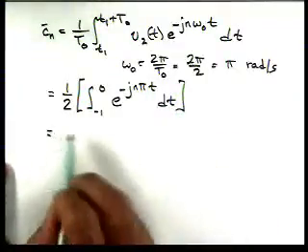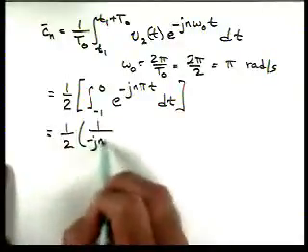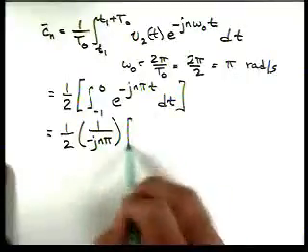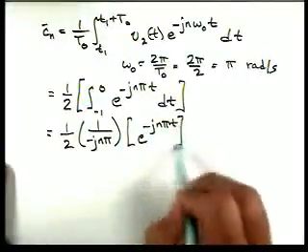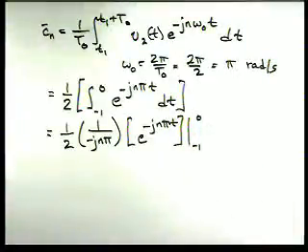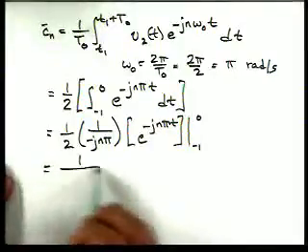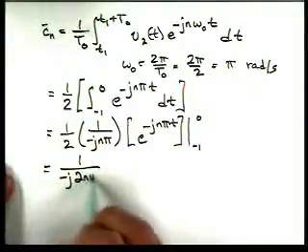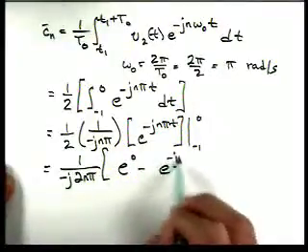Integrating, we get 1/2 times 1 over minus j n pi, and e to the minus j n pi t evaluated from -1 to 0. So now we get 1 over minus j2 n pi, times e to the 0 minus e to the minus j n pi.